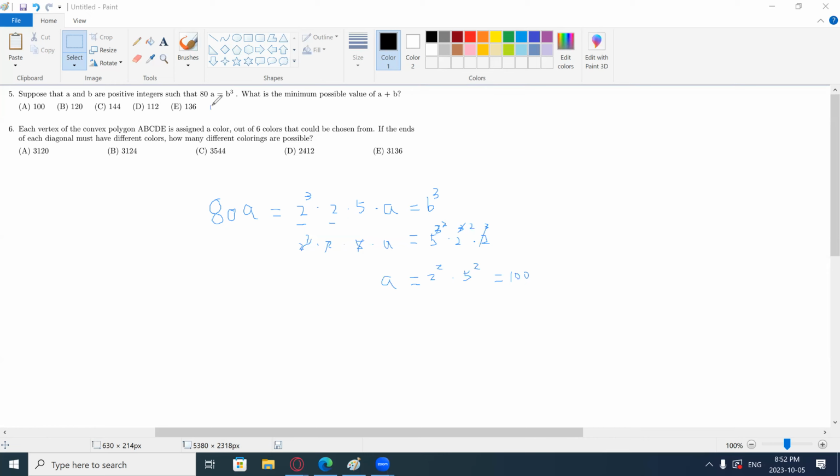If we plug 100 for a over here, then we will get b equal to 20. And we just need to add a and b up to get our answer. So 20 plus 100 will be 120. So the answer to 5 would be B.